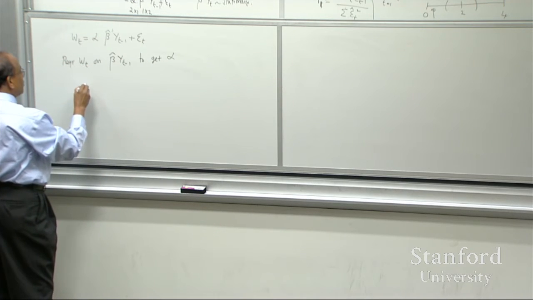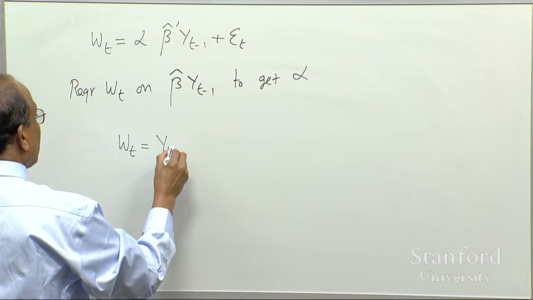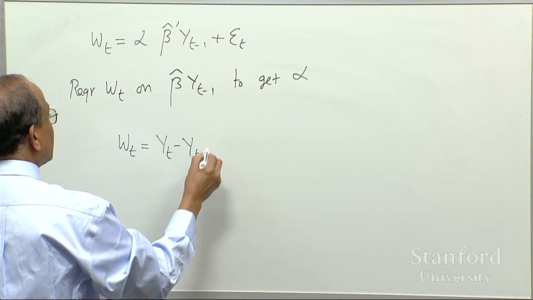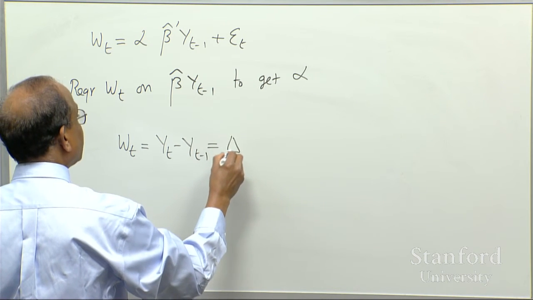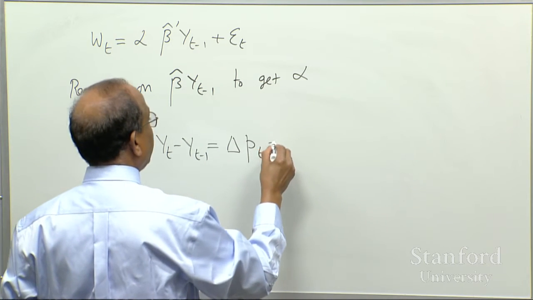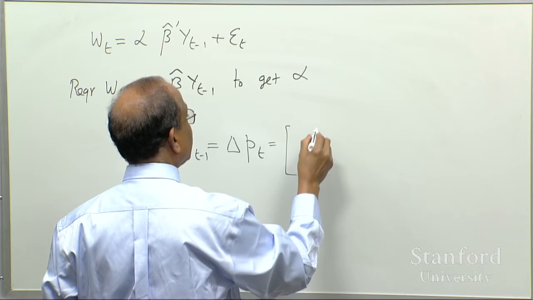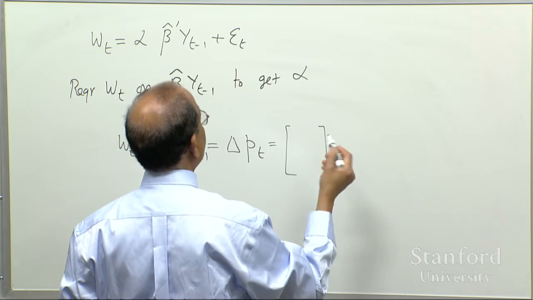As you see, Wt is supposed to be a function of Yt and Yt minus 1. In terms of our calculation, this could be taken as delta Pt, and we are fitting this alpha vector, and we already know what beta prime is.